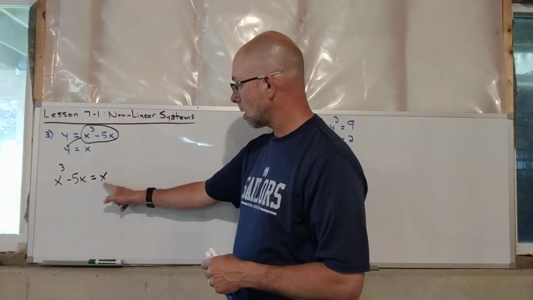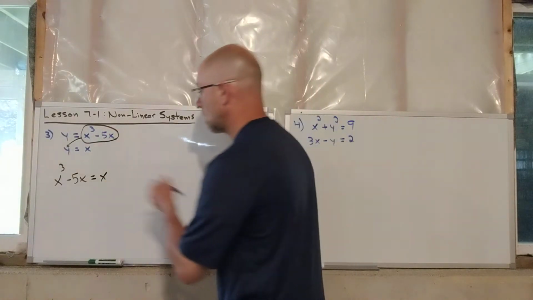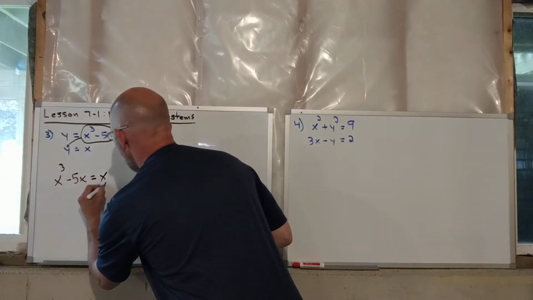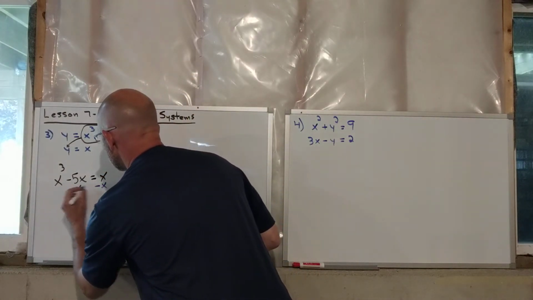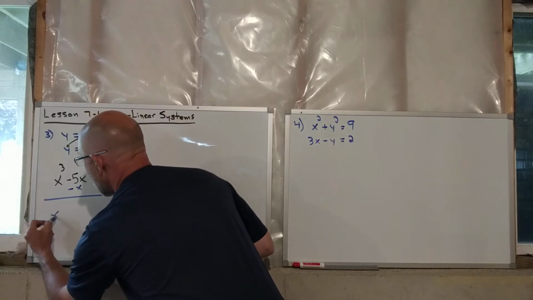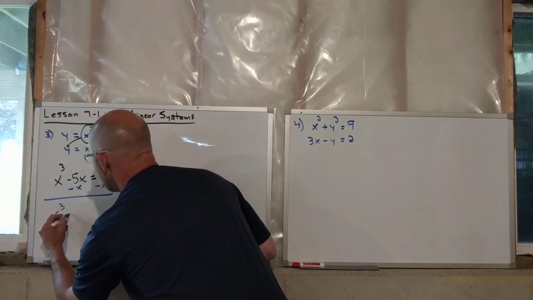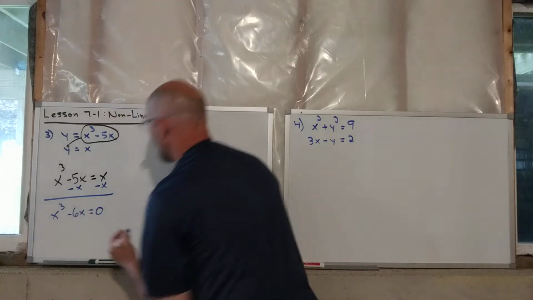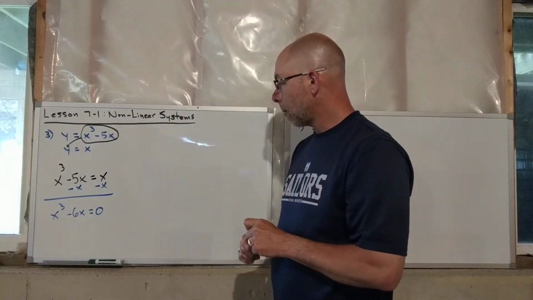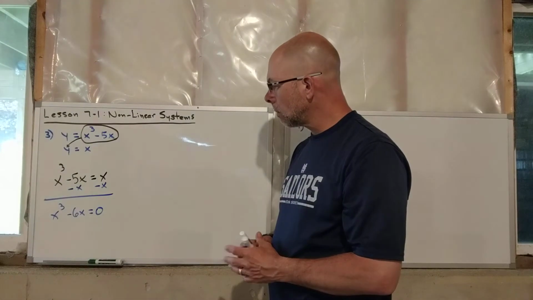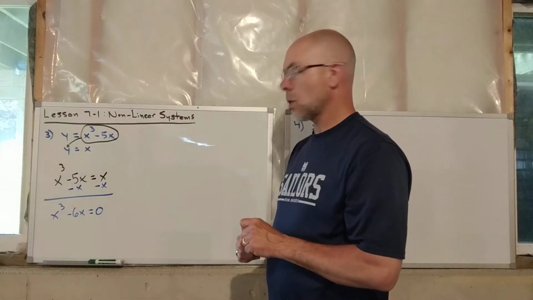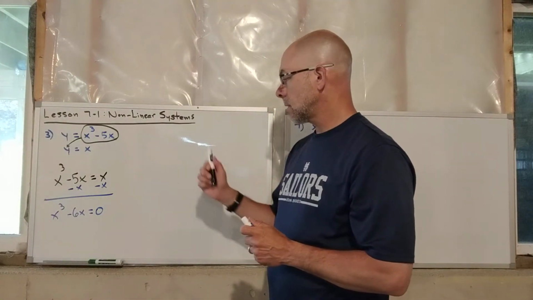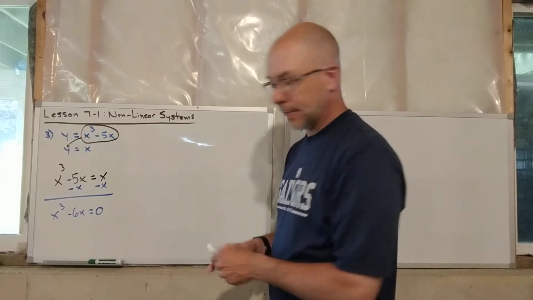So I'm going to move this x to that side, which means I am subtracting x, which gets me x cubed minus 6x equals 0. The factoring that is going to take place is that I can take a common factor of x.